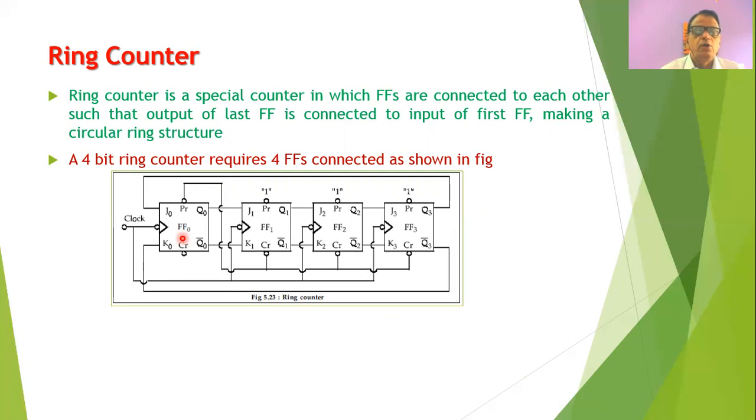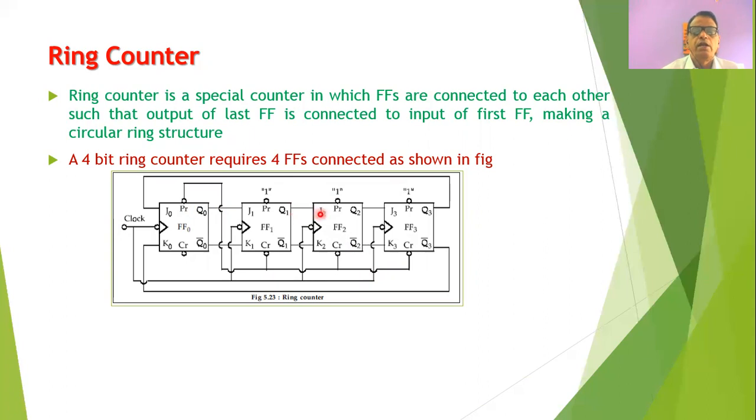One can easily observe that J0 is connected to Q3 and K0 is connected to Q3 bar. Q0 is connected to J1, Q0 bar is connected to K1. The clock terminal of all the flip-flops is made common, and also observe that the preset of the first flip-flop is connected to the clear terminals of the other flip-flops, while the preset of the other flip-flops is kept open or kept at logic 1.